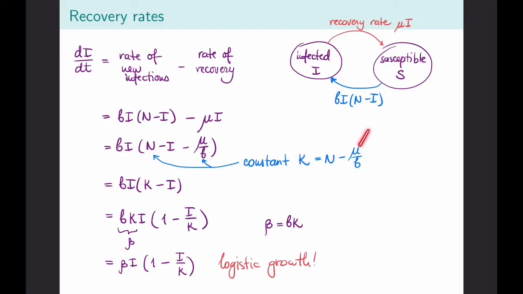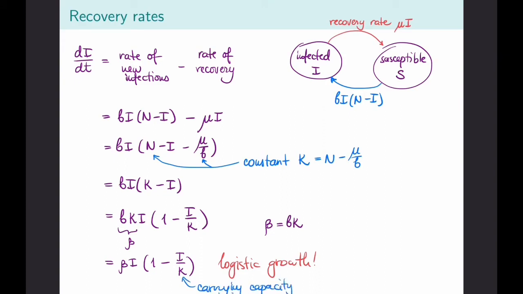And this number consists of a ratio of the recovery rate and the speed of the intrinsic disease spread. So now my carrying capacity is most certainly less than N, and that also makes sense because now my model does in fact include the fact that people don't just get infected and get healthier or die, but rather can also recover. So this is the main difference here, that the carrying capacity is actually different.